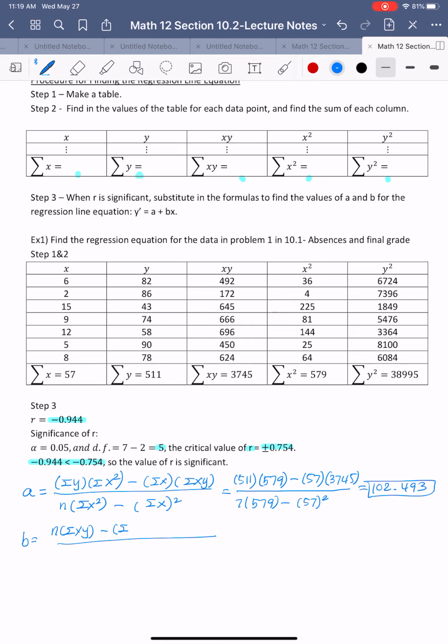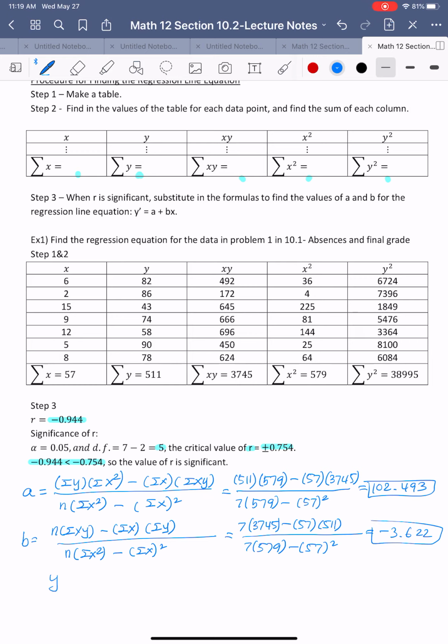And then b is another formula: n times sigma xy, subtract sigma x times sigma y, over n times sigma x squared, subtract sigma x squared. When you plug it in, 7 times 3,745 minus 57 times 511, over 7 times 579 minus 57 squared, I get negative 3.622.